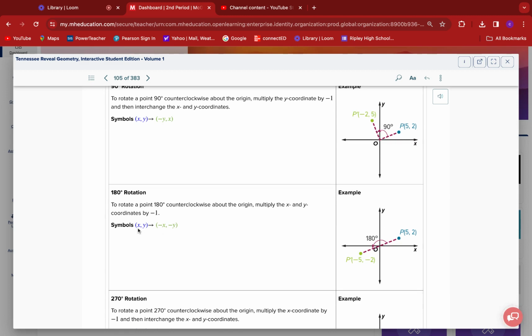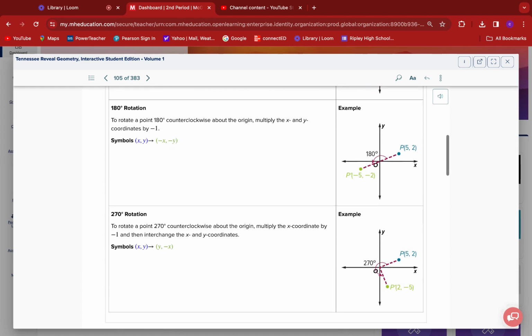Now remember, if your original XY is negative, these mean change the signs to positive. It doesn't mean force it to be negative. It means change the sign, people. 270 counterclockwise, the cheat code: XY goes to Y negative X. In other words, they switch places, whoop, but the X changes signs when it goes in the back.